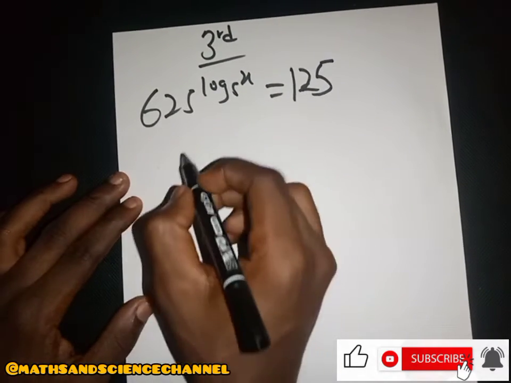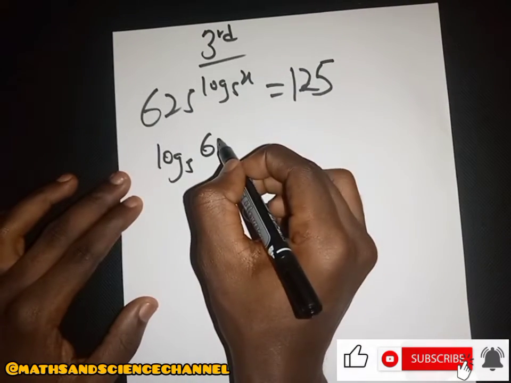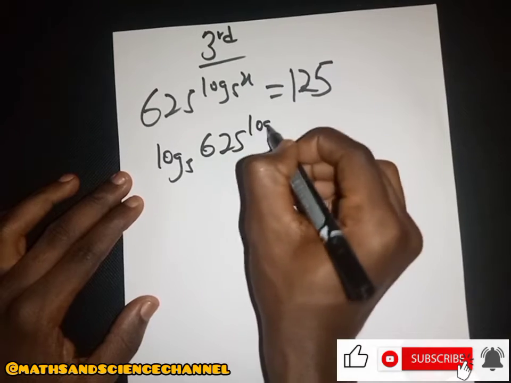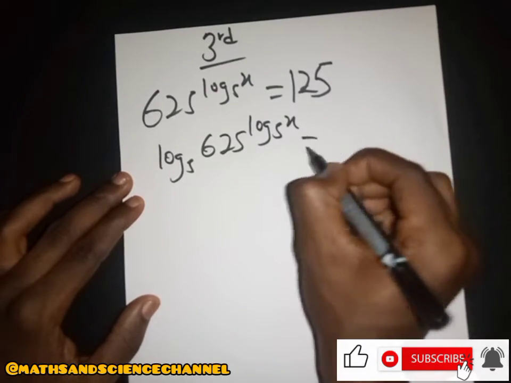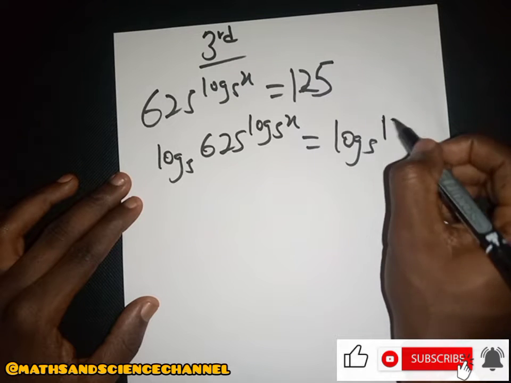So doing that, log base 5 on both sides, we have log base 5 of 625 to the power log base 5 x being equal to log base 5 of 125 in this case.